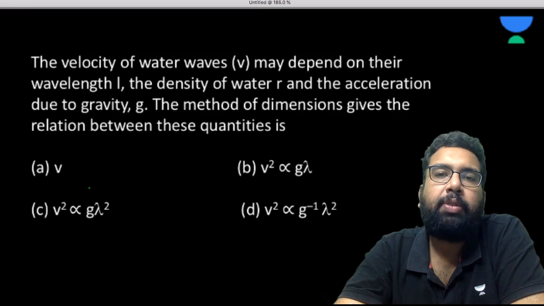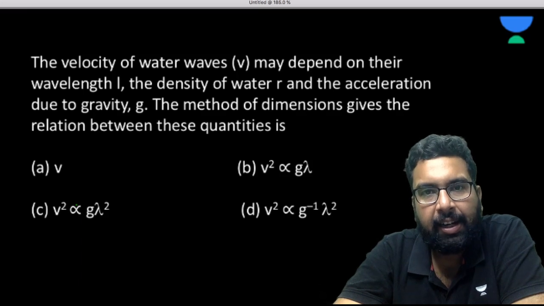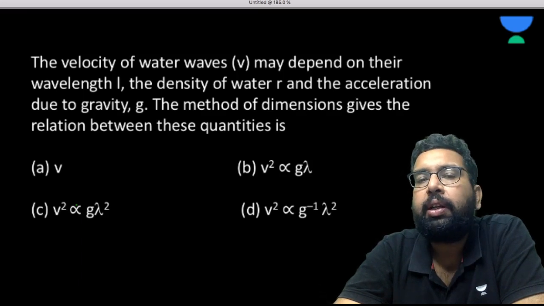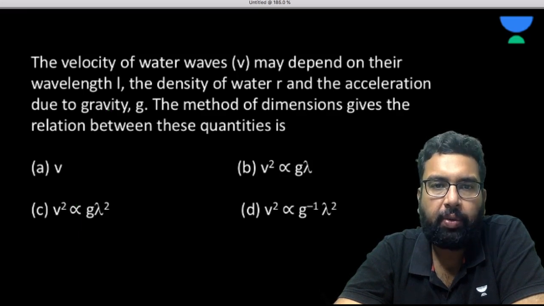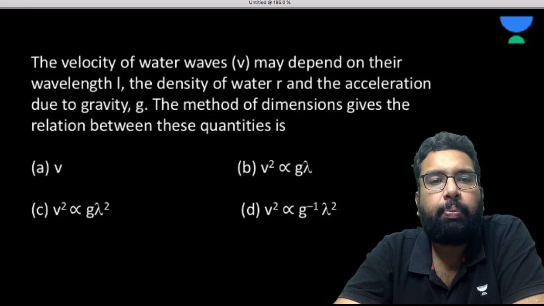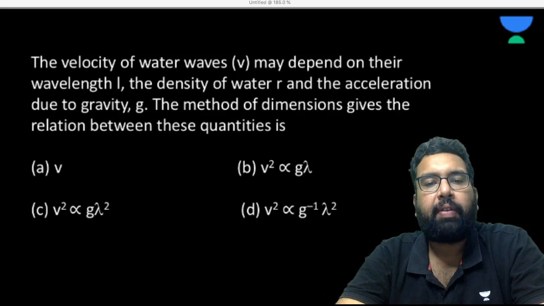Through dimensional homogeneity, we have learned to relate the various physical quantities involved in any physical phenomena. It says the velocity of water waves may depend upon their wavelength, density of water, and the acceleration due to gravity.